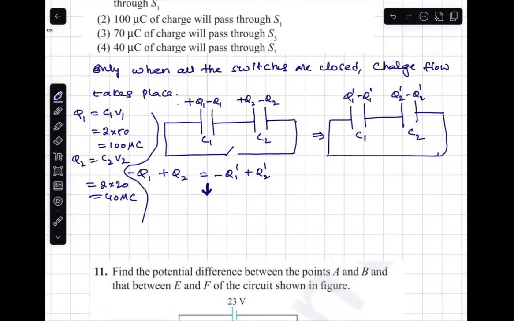Minus Q1 plus Q2. Minus 100 plus 40. Minus 60. Minus Q1 dash.